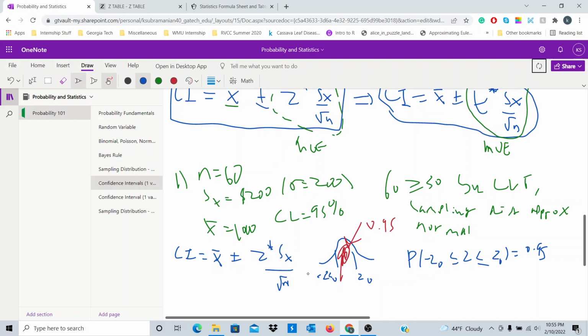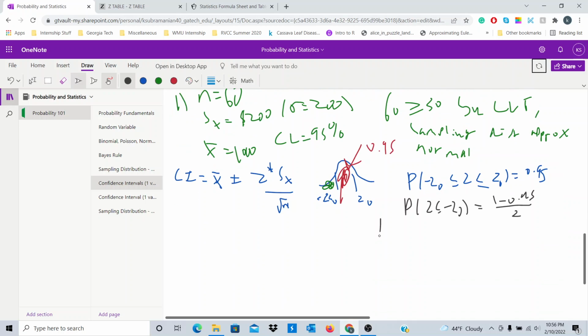Our normal distribution is symmetric, and our table will give us this area in green. So what we need to do is find the probability of getting a z less than or equal to negative z naught. The probability we want to find, in this case, is going to be (1 minus 0.95) divided by 2, because of the symmetric nature. So I want to find the z naught such that the probability of z less than or equal to negative z naught is equal to 0.025.